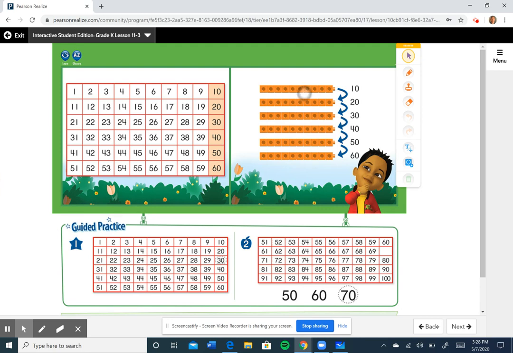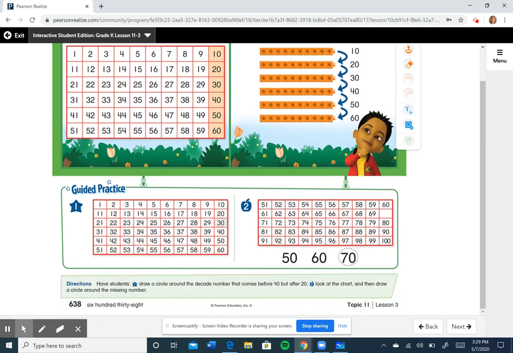And now over here we have our cube trains. Do we see that? In each cube train, there is 10 cubes in one stick. So again, we're counting by tens. 10, 20, 30, 40, 50, 60. There's 60 cubes here all together.